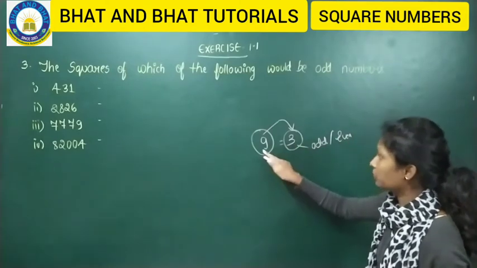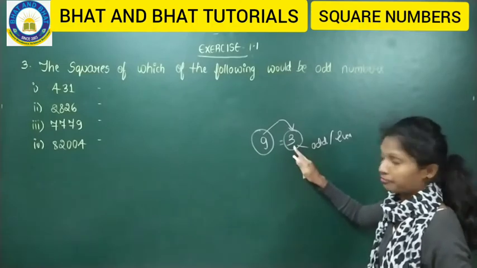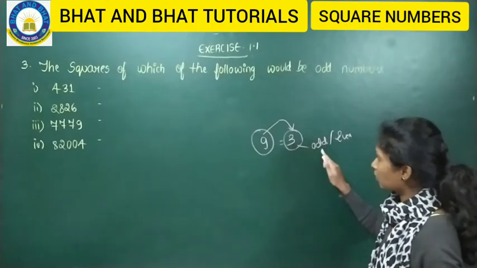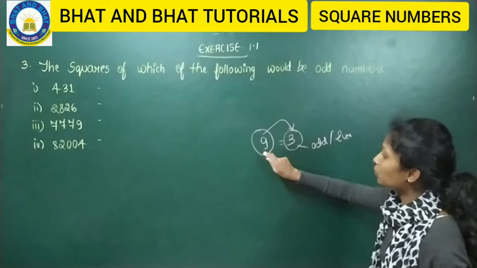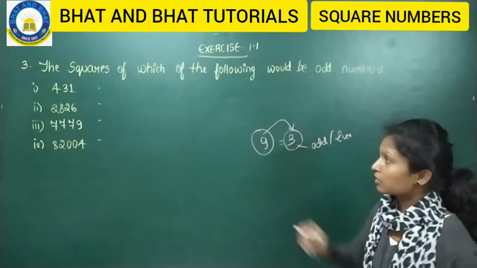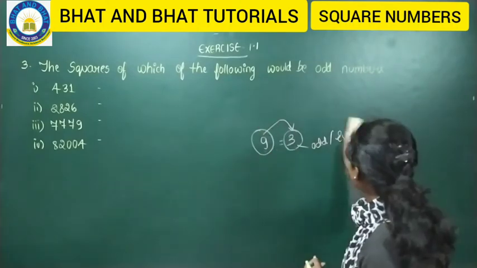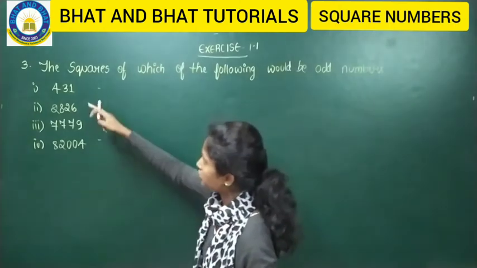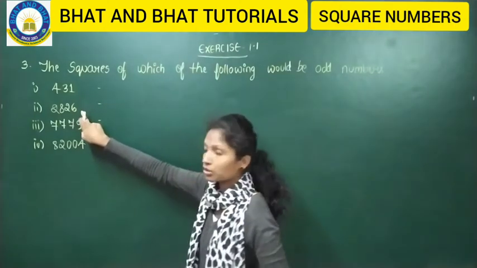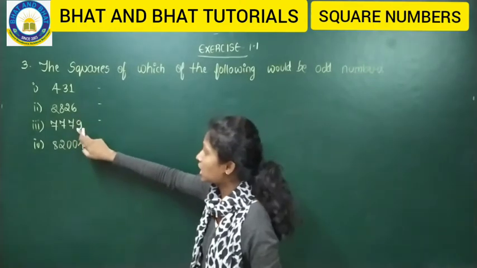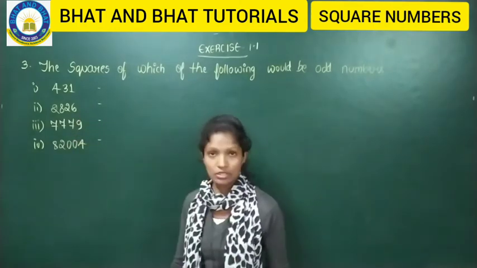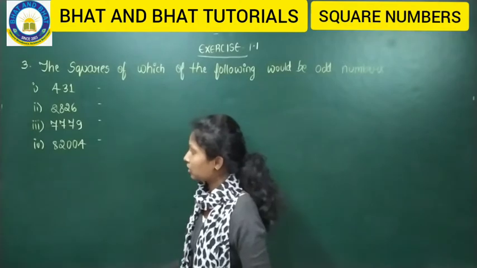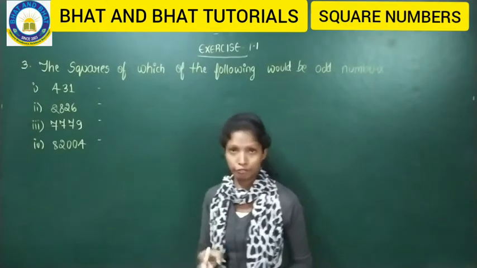With this information you have to find whether the number is odd or even when the squares of the numbers are given. So that's what the question is, and the numbers are as follows. The first is 431, the second is 2826, the third number is 7779, and the fourth number is 82,004.